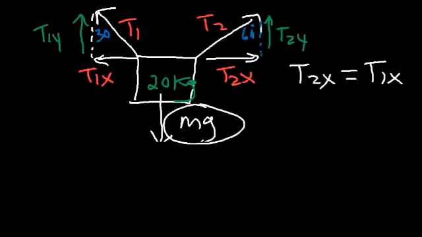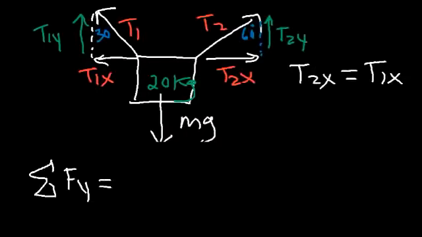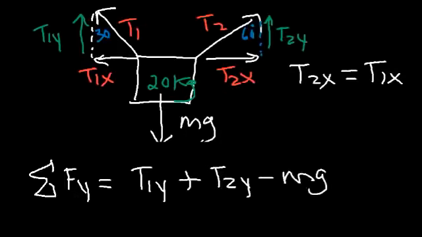Now, the weight has to be supported by T2y and T1y. So T1y plus T2y should be equal to mg. So we could say that the sum of the forces in the y direction is equal to positive T1y because it's going up, plus T2y minus mg because the weight force is going down.